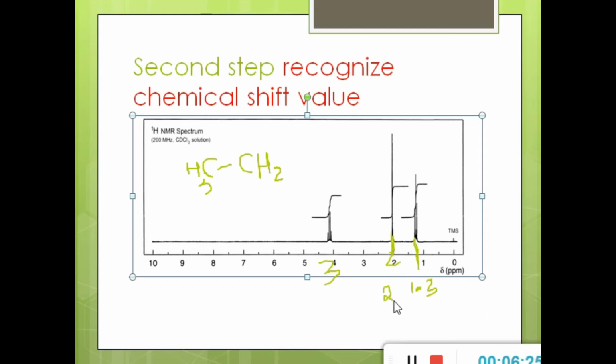This is a single methyl, and it appears at the 2 ppm value. This thing is to be remembered: if a singlet appears in the proton NMR, that singlet is always due to the methyl group that does not have any hydrogen in its neighboring environment. So I will represent this peak as due to the methyl group.